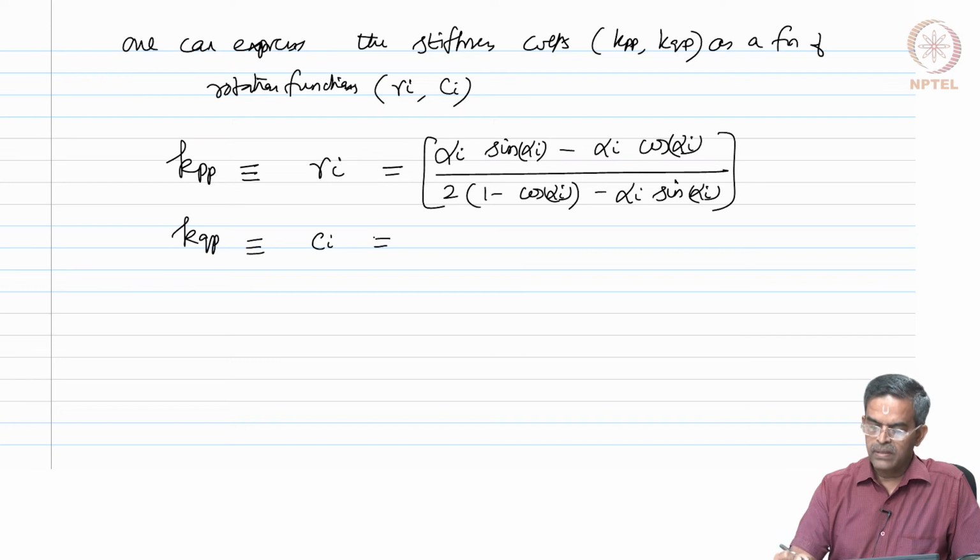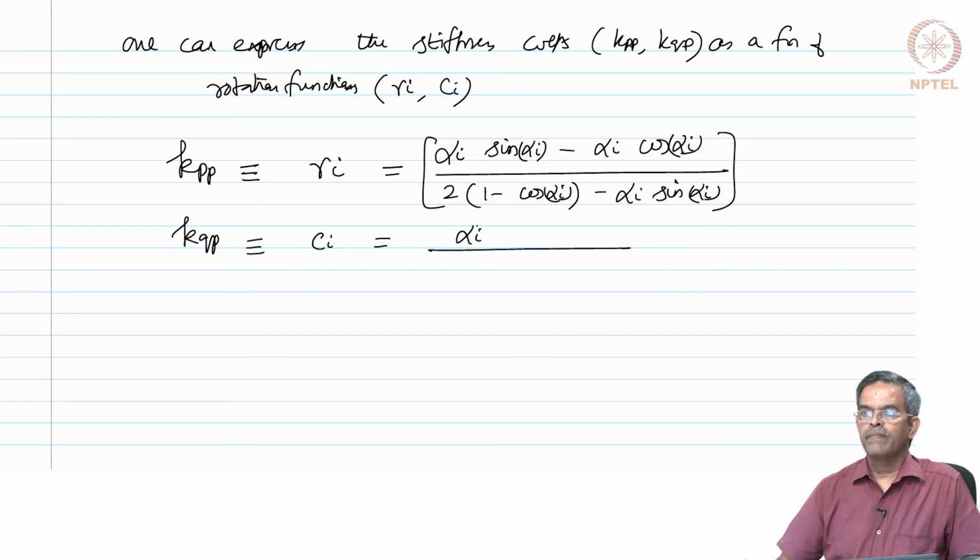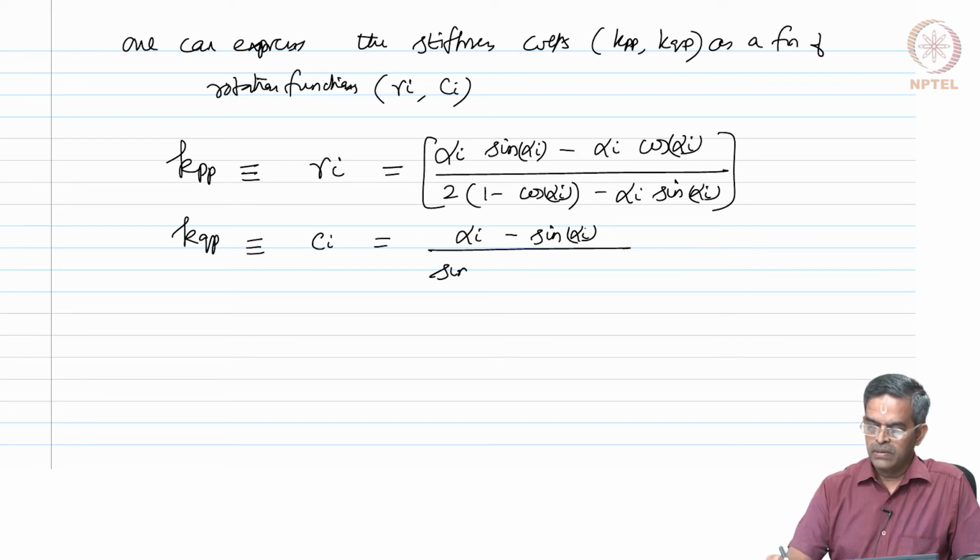And Ci is identically equal to alpha I minus sin alpha I by sin alpha I minus alpha I cos alpha.